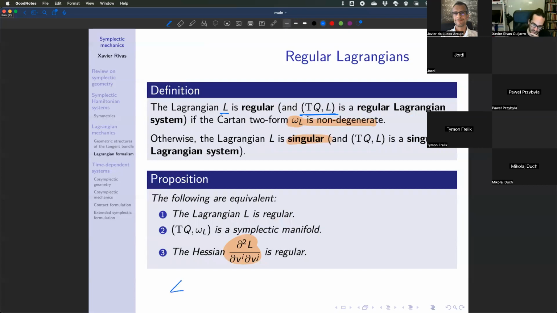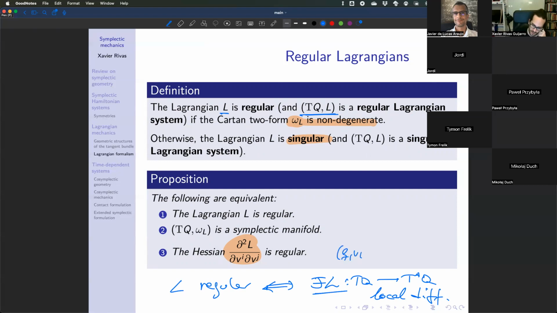A Lagrangian is regular if and only if the Legendre map going from here to here is a local diffeomorphism. This Legendre map is just the fiber derivative. It's just taking the derivatives only along the fibers.